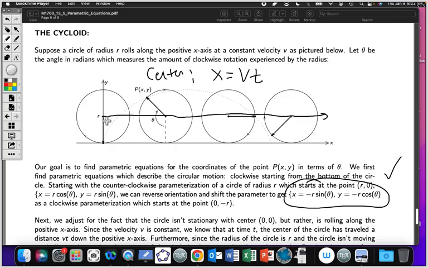The y-coordinate of the center is going to be r all the time. Right? So as this ball is rolling, the y-coordinate stays still. Right. So what I need to do is figure out what this would be in terms of theta. Okay, so what would this be in terms of theta?